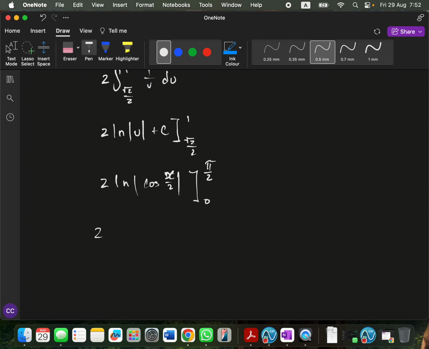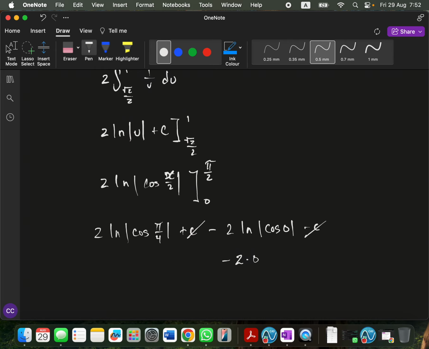Because that would turn into 2 natural log of the cosine of pi over 4 plus c minus 2 ln of the cosine of 0 minus c. The c's go away. Cosine of 0 is 1, so this turns into minus 2 times the natural log of 1, which is 0.